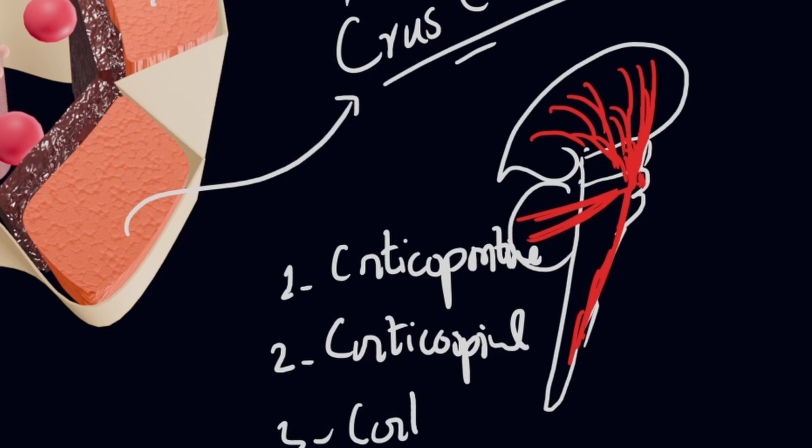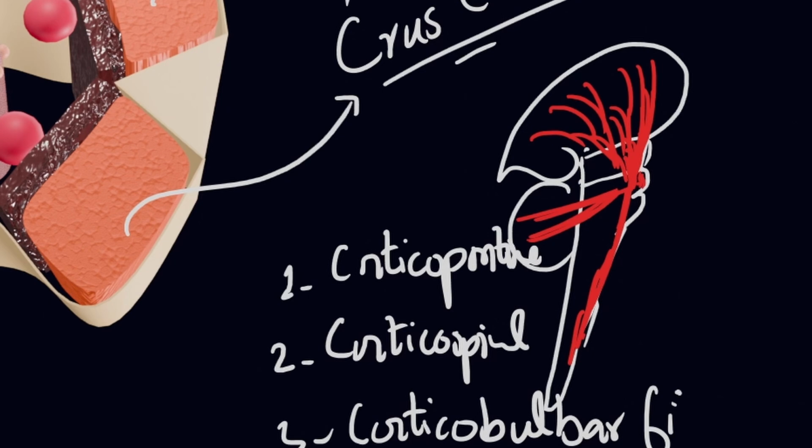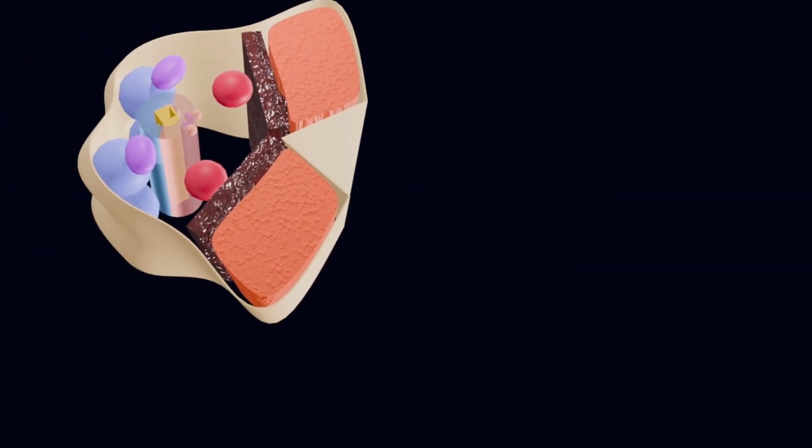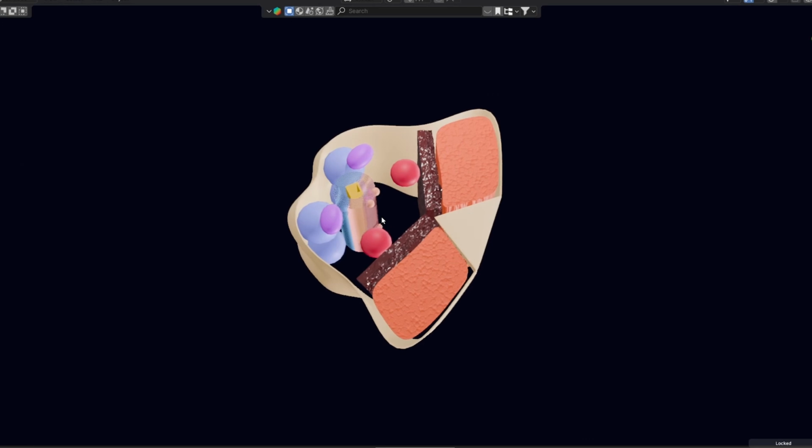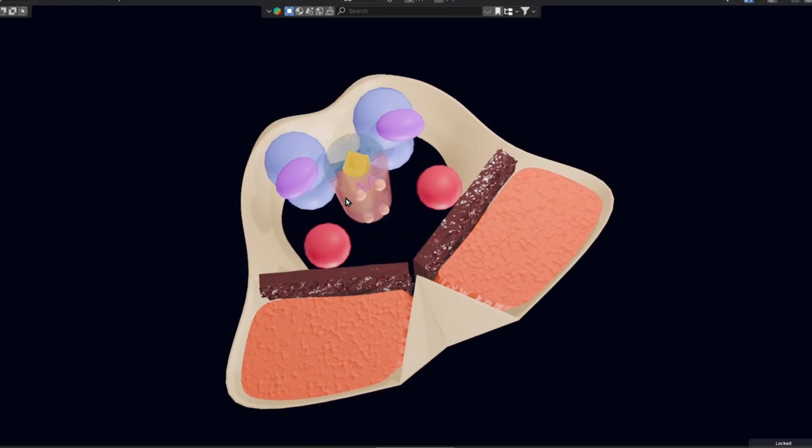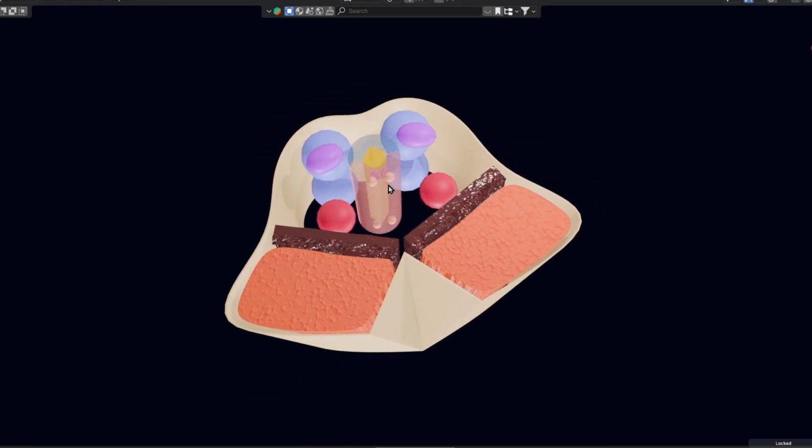And finally we have corticobulbar fibers, which are going to the brainstem nuclei, the cranial nerve nuclei in the brainstem. So these are corticobulbar fibers, right? So that was it.